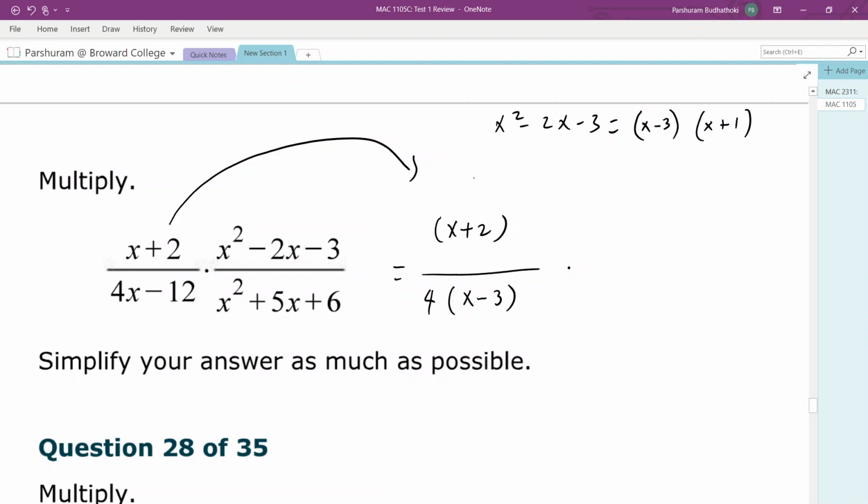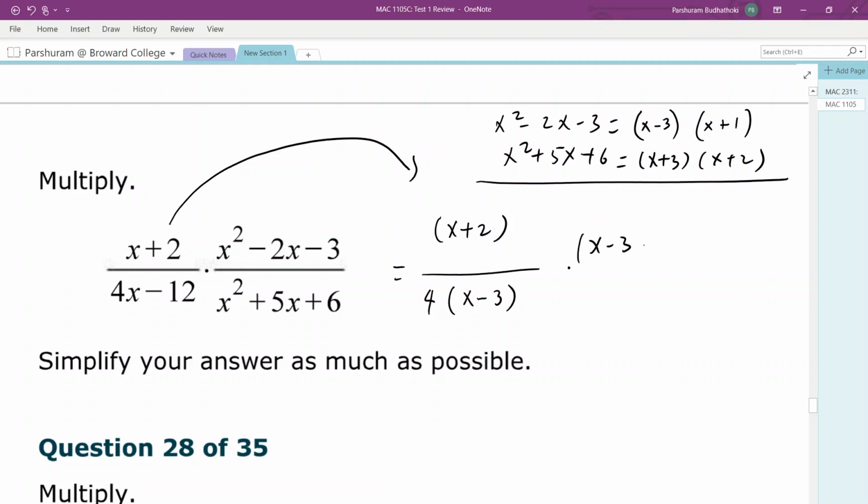So similarly, for x squared plus 5x plus 6, we have to split the 6 such that the sum of the factors will be positive 5, and that will be x plus 3 and x plus 2. So I'm going to use these factors here, which is x minus 3 times x plus 1 on the top, x plus 3 and x plus 2 on the bottom.